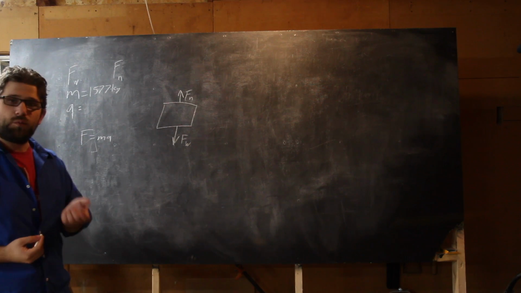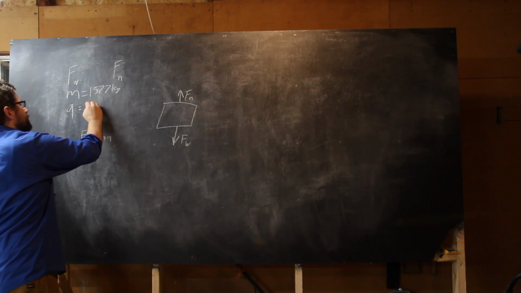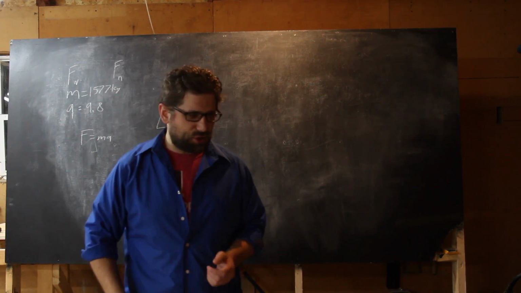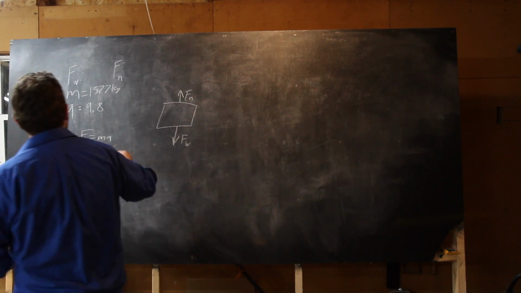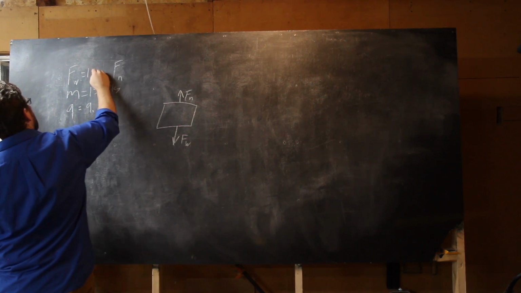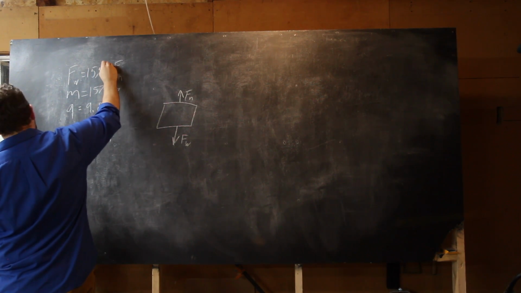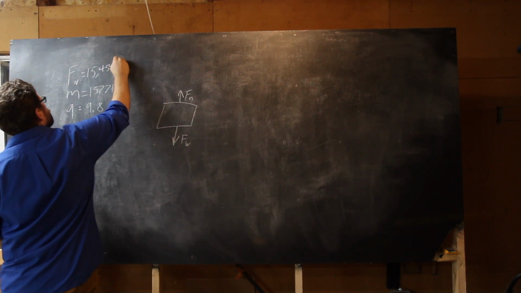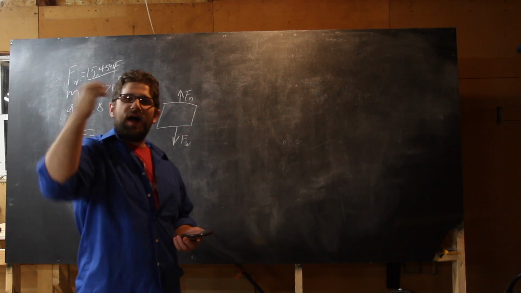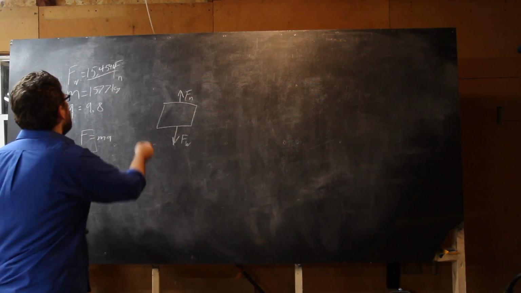Whenever we're working with weight, we're looking at the acceleration due to gravity, which is 9.8. Perfect. So, quick calculation. That gets us a force weight equal to 15,454 newtons. And then our force normal is going to be equal and opposite because of Newton's third law, remember.